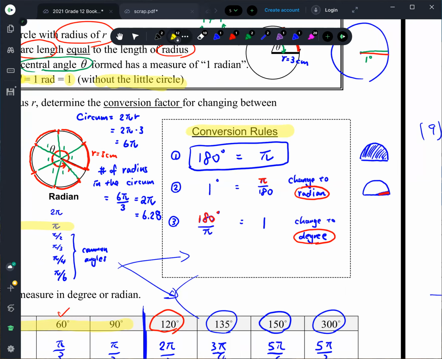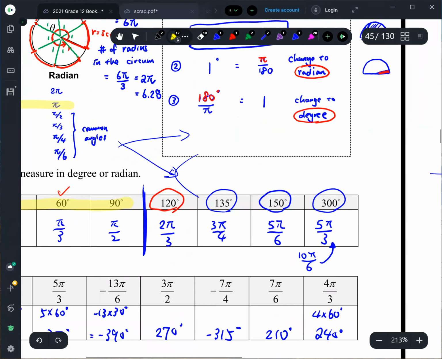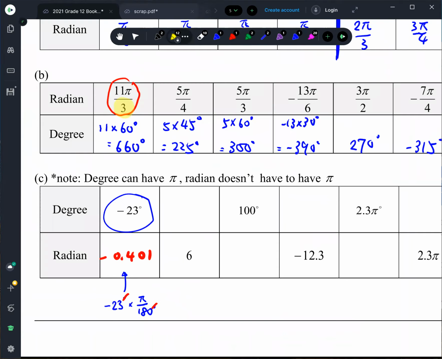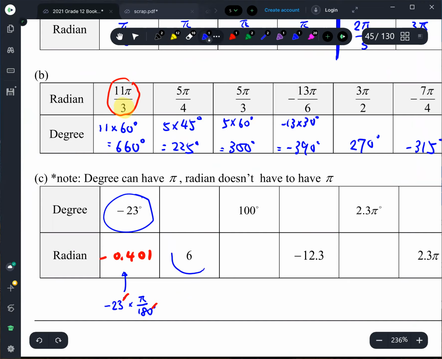Okay, Marcus. Yeah, okay. So let's practice the next one, right? For example, here we have 6, right? This is 6 radians. And I want to figure out the degree, right? So let's write it here.